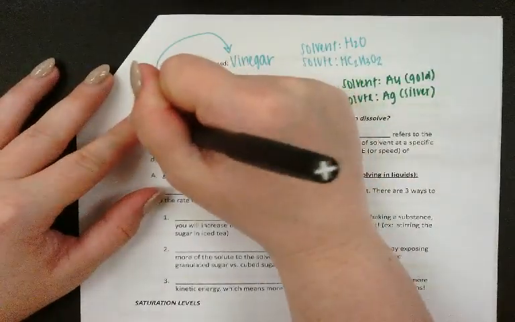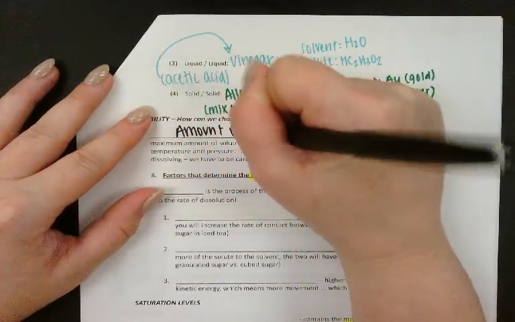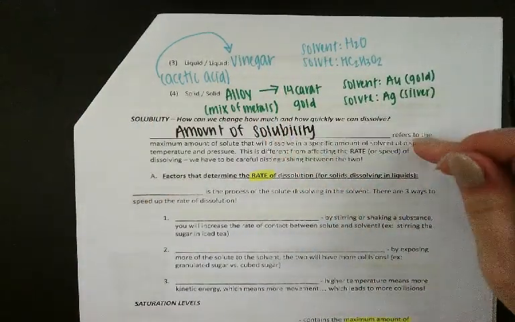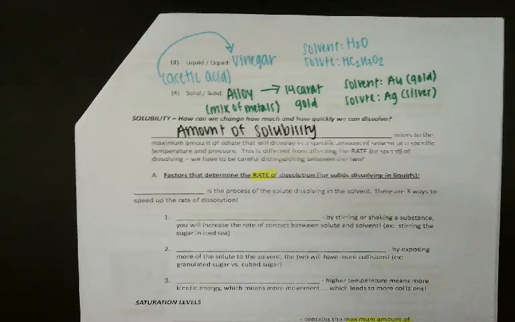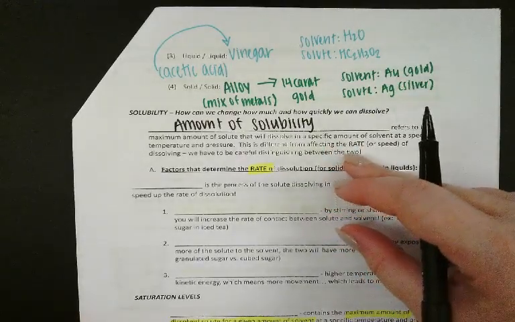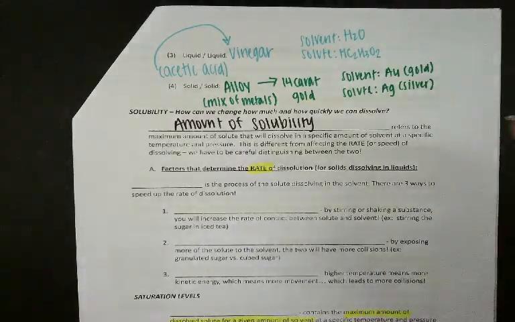So the amount of solubility refers to the maximum amount of solute that will dissolve in a specific amount of solvent at a specific temperature and pressure. Now this is different from affecting the rate or speed, so you have to make sure that you can distinguish between that.